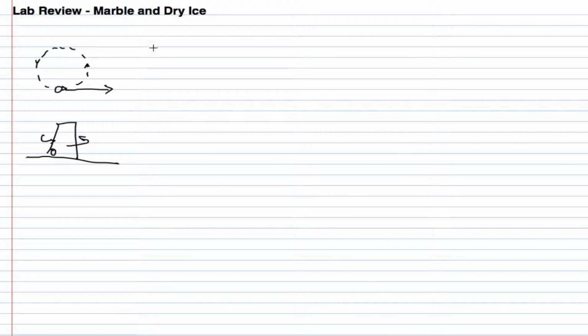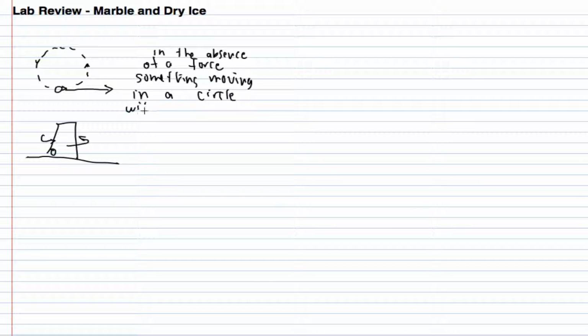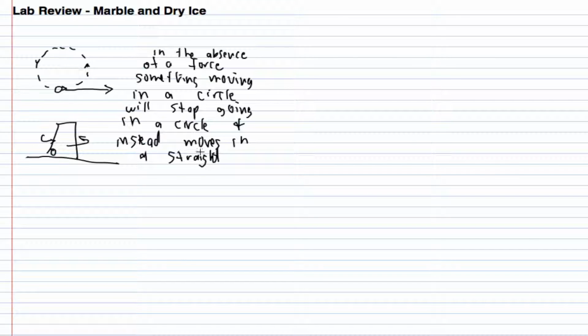And what we concluded was that in the absence of a force, something moving in a circle will stop going in a circle and instead move in a straight line at constant speed.